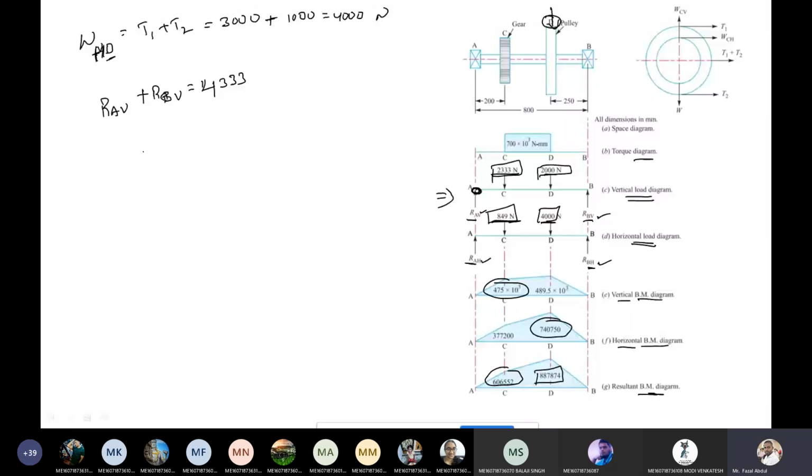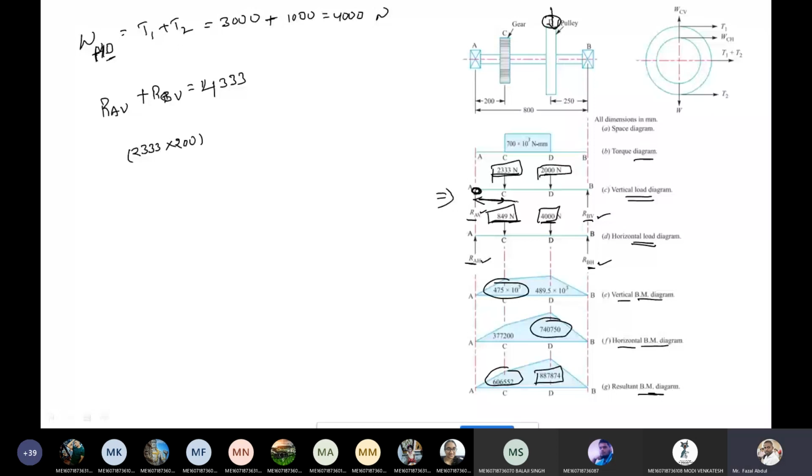RAV is 0. Now 2333 into what is the distance from here to here?